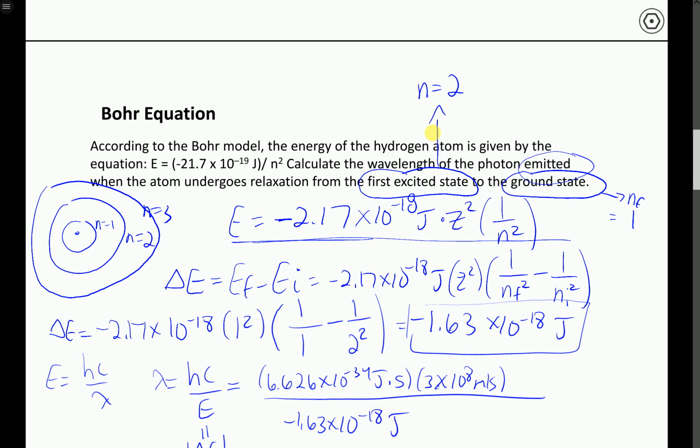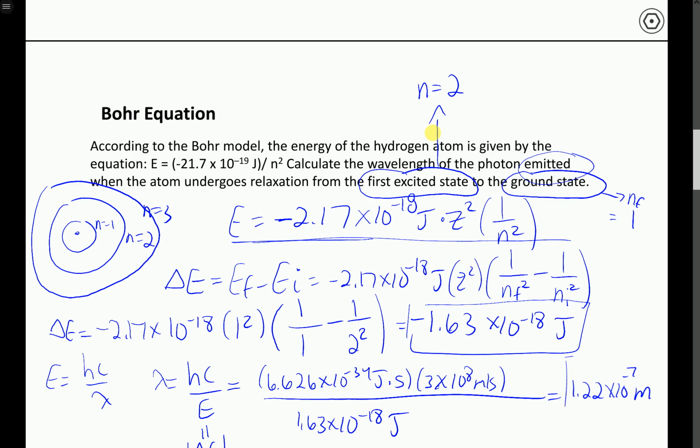And that should be positive because, again, it's the absolute value of delta E that we care about for this equation. So get rid of that negative sign that I accidentally put in there. And then finally, we just calculate this out, and we would get 1.22 times 10 to the minus 7 meters.